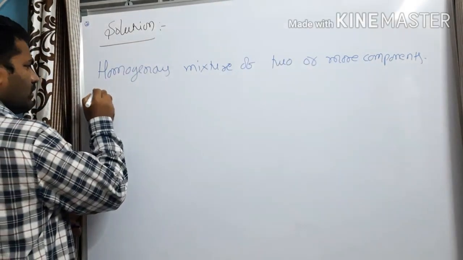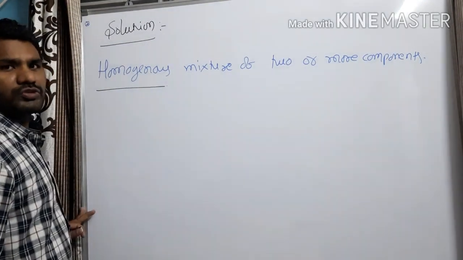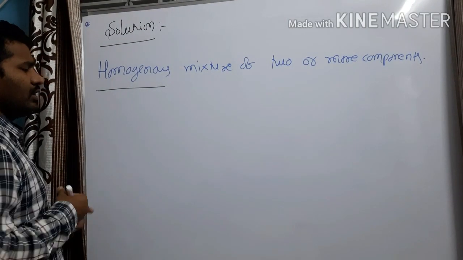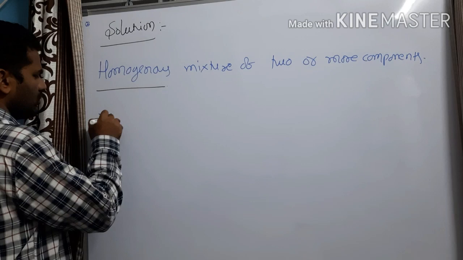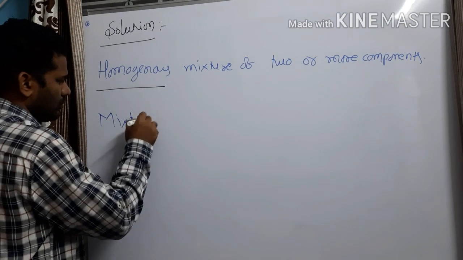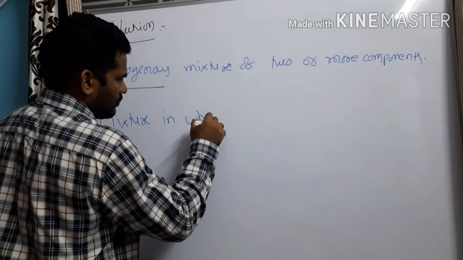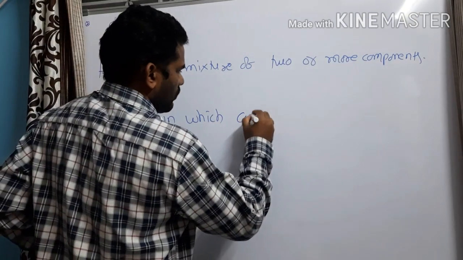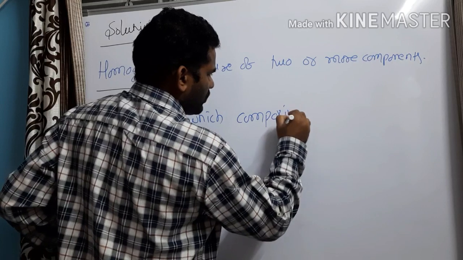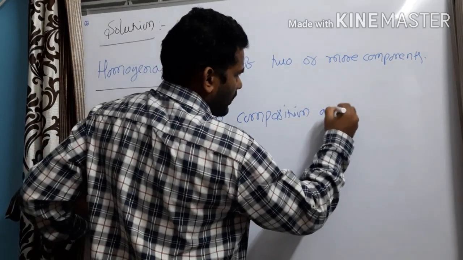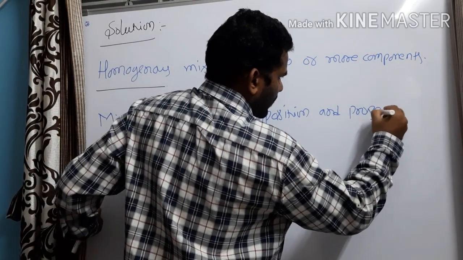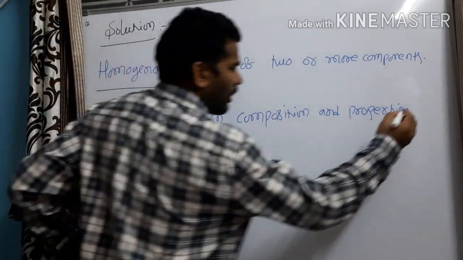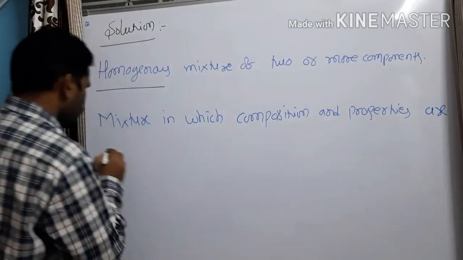Let us try to understand what do you mean by homogeneous. Homogeneous is a mixture in which composition and properties are uniform.